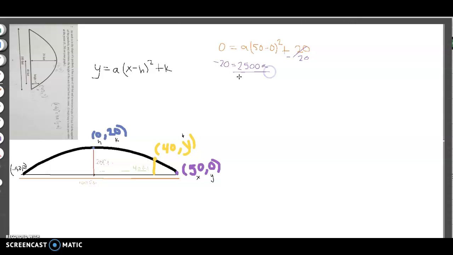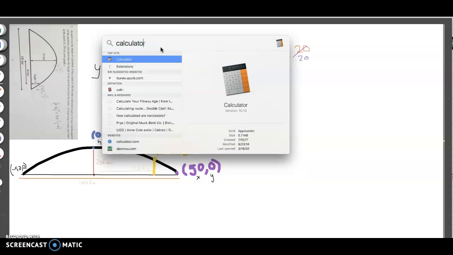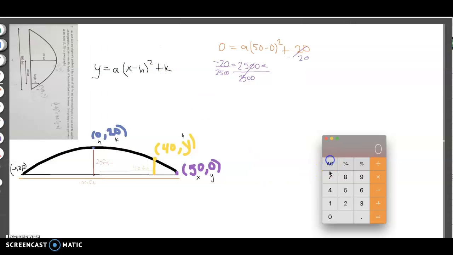So divide by 2,500, and we would probably just put that on a calculator. 20 divided by 2,500 is 0.008.